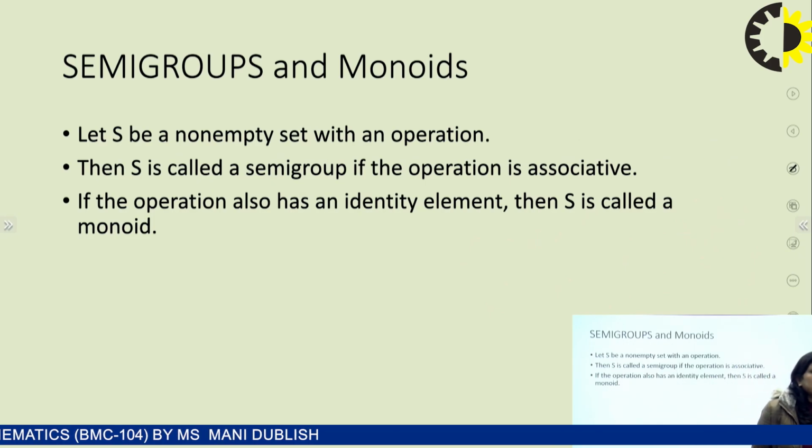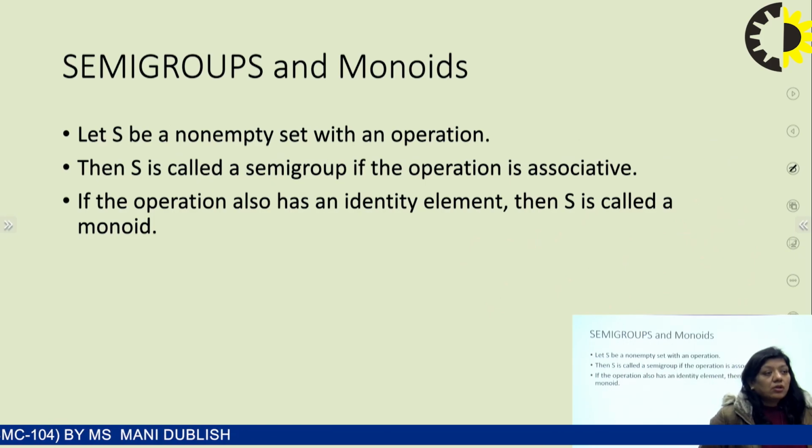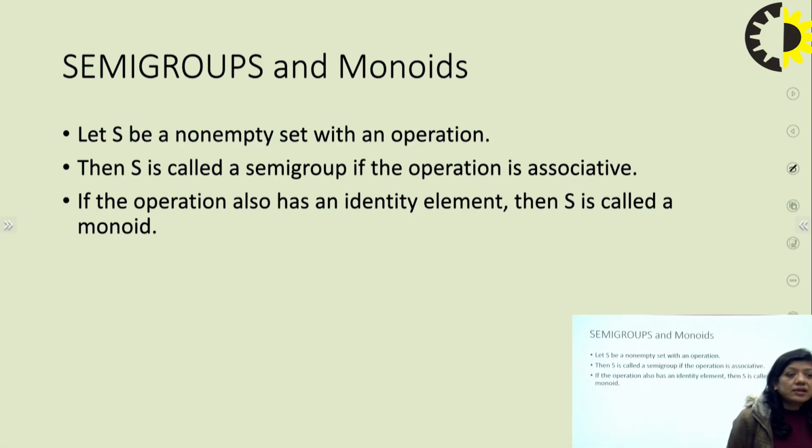Next one, semigroup and monoid. Suppose we have taken a set S which is a non-empty set. Then S is called a semigroup if the operation is associative, and if the operation also has an identity element, then we can say S is a monoid. For a semigroup, the set has to satisfy the property of associativity, and the property of associativity is: (A cross B) cross C is equal to A cross (B cross C).